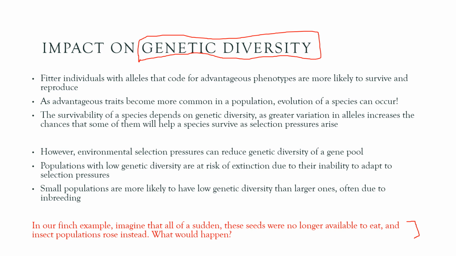These advantageous traits become more common in a population, because if the fitter individual can survive and reproduce, those alleles are getting passed on to the offspring, and this is when evolution starts to occur. Let's say that this environmental selection pressure continues on. Eventually all of the other beak types would probably die off, and then you'd only have those hard, strong beak-typed finches, and they might become an entirely new species altogether. They might separate away from the other finches.